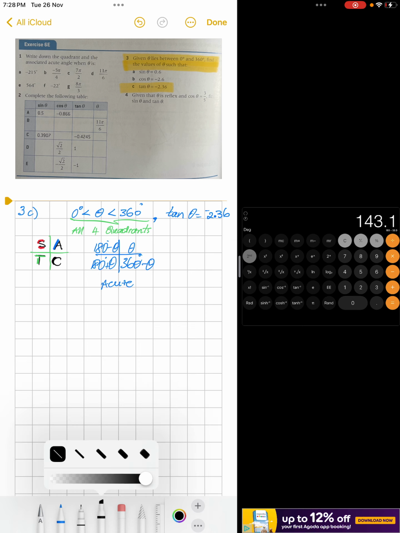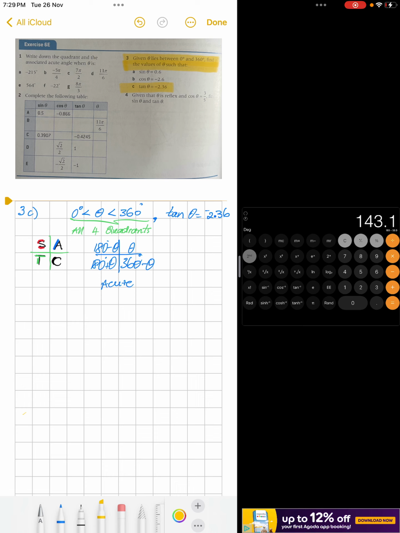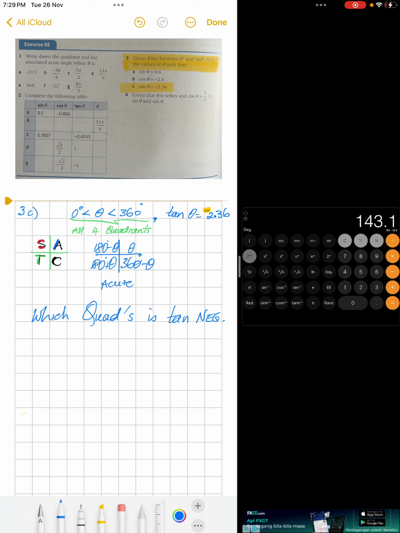So we can see that tan is negative, and we've got to ask ourselves which quadrants is tan negative? Where is tan negative? Tan is only negative when it's not positive.